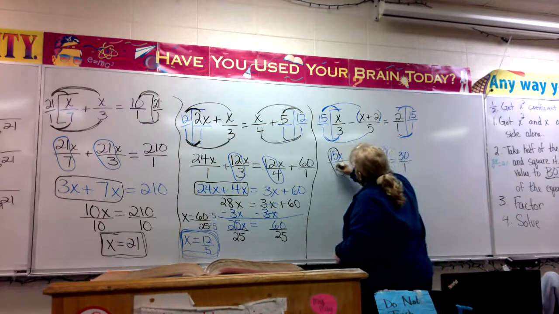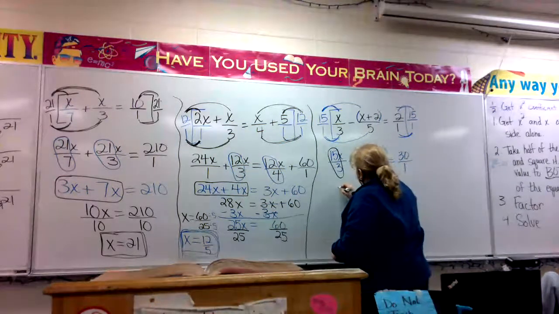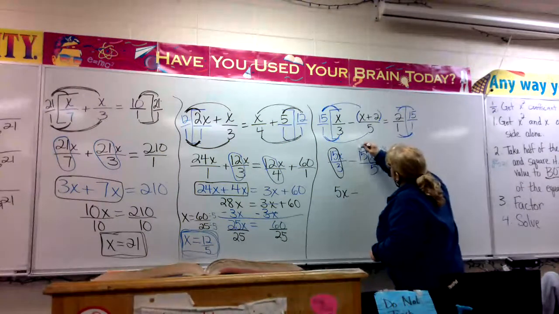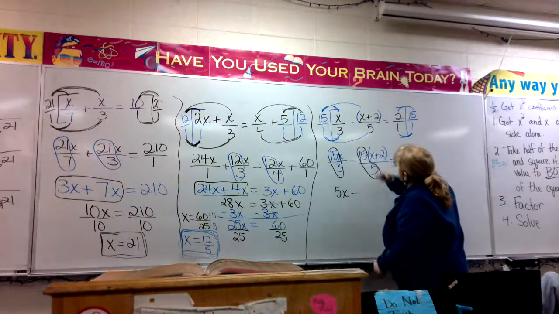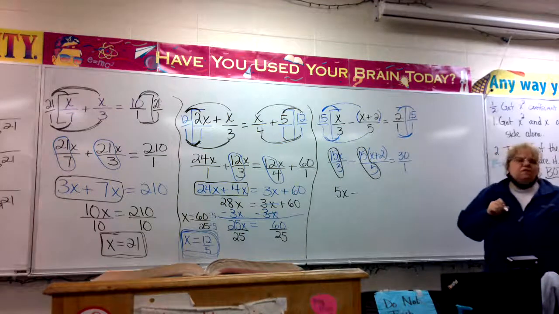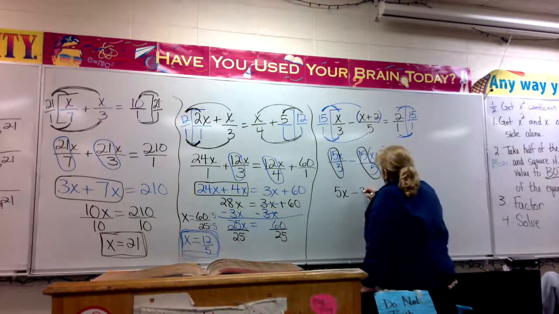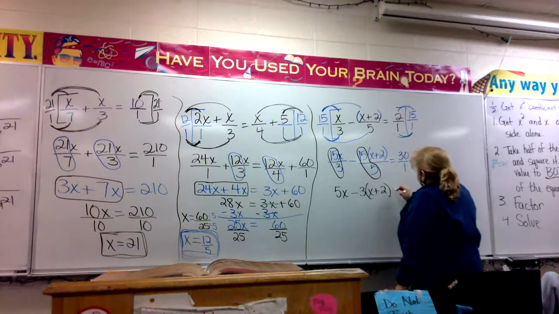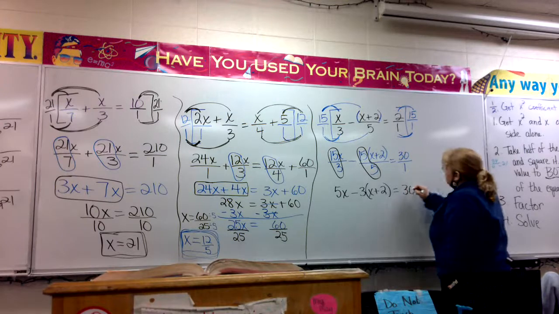So I've got 15 over 3, 5x, take away. Now, you're just going to reduce this part right there. What's 15 over 5? I think it's 3 times x plus 2 equals 30.